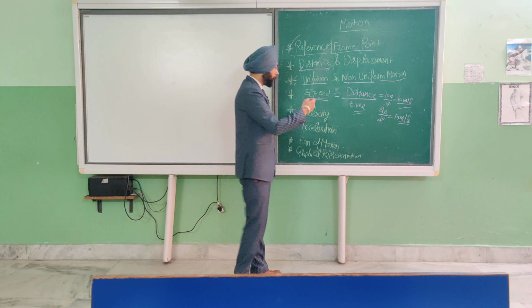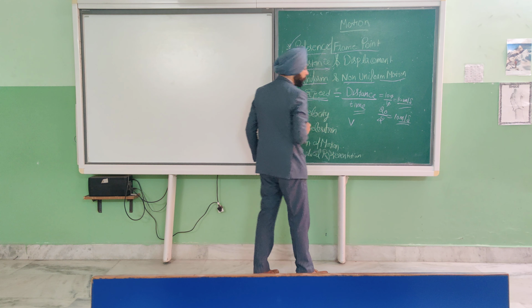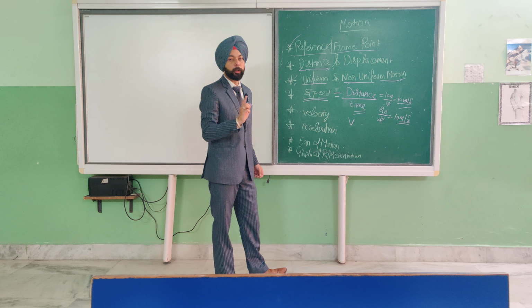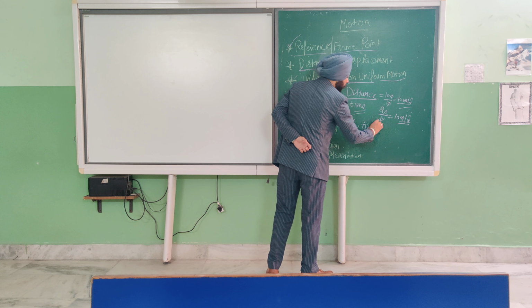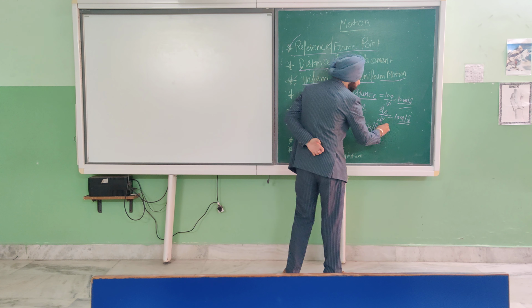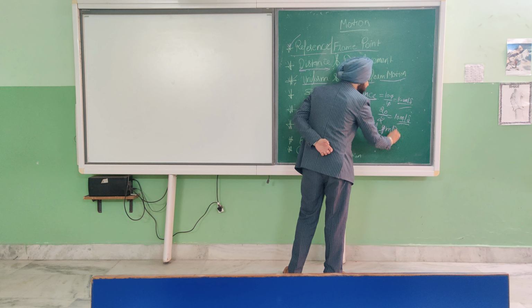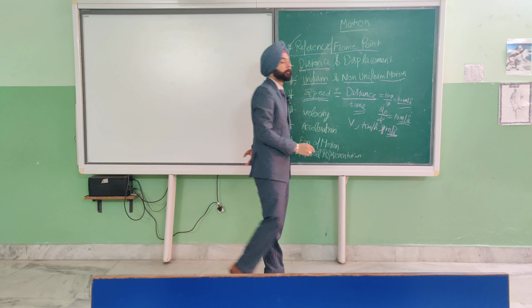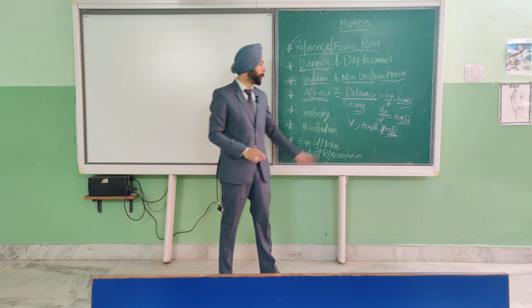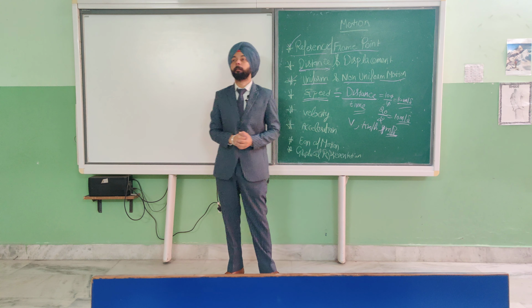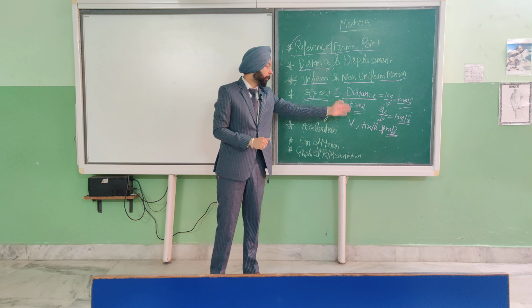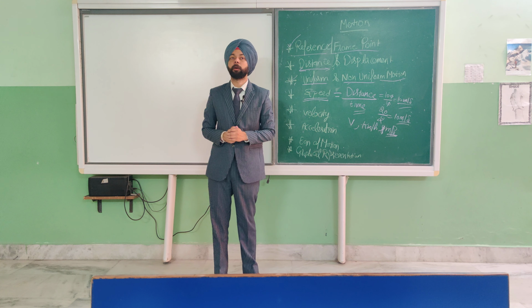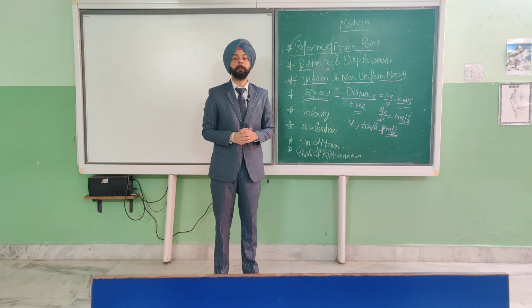It is denoted by V, and the unit of speed is kilometer per hour and meter per second. The SI unit of speed is the meter per second.